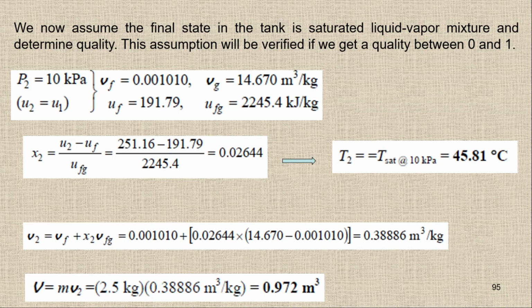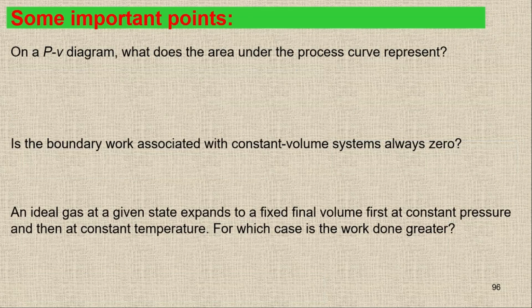After solving these numericals, there are some points that you must learn from this chapter. So what are these points? Here we have some important points. The first one is: on a PV diagram, what does the area under the process curve represent? Remember that on the PV diagram, the area under the process curve is always equal to the boundary work for a quasi-equilibrium process.